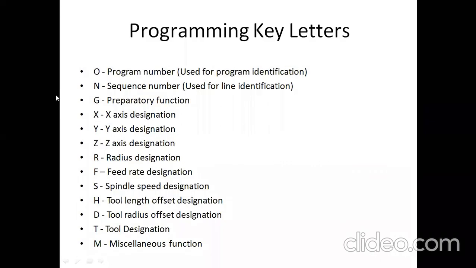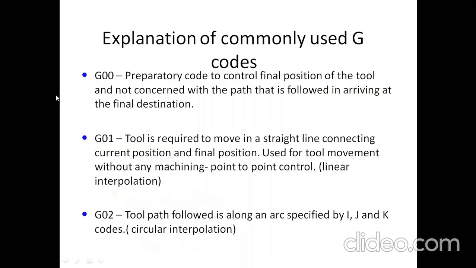These are the important parameters mentioned in the basics of CNC programming. These are the letters or symbols used to specify the short form of your command: O, N, G, X, Y, which we already discussed in the last session. And these are the codes which represent the commands to control the machine.